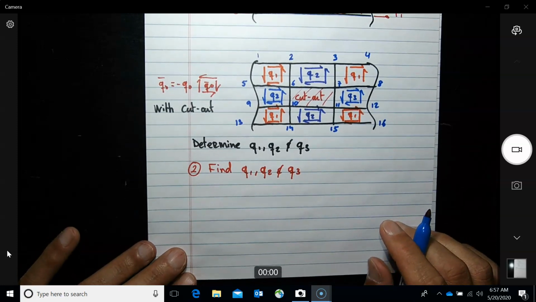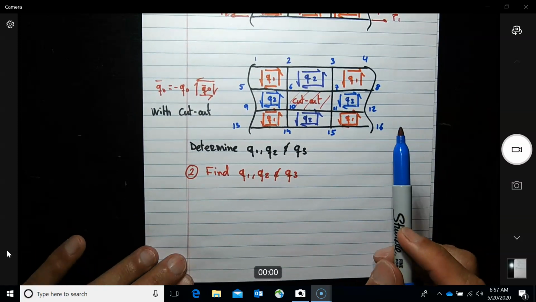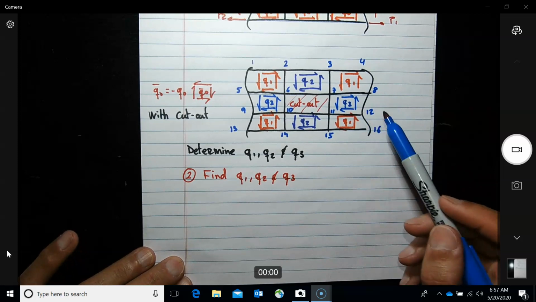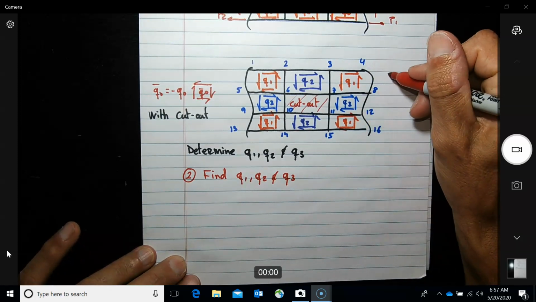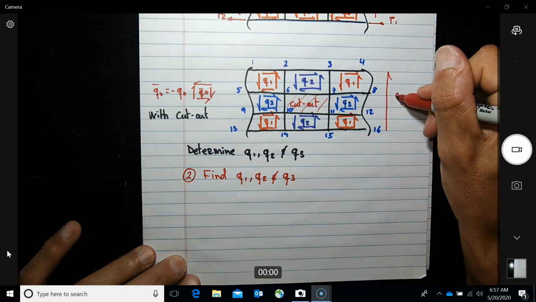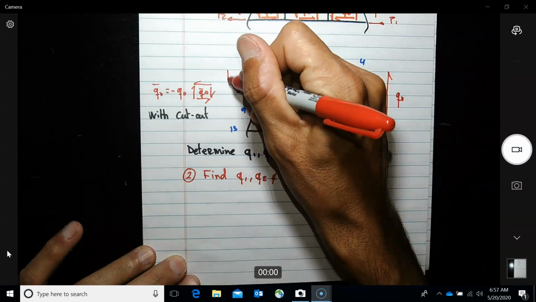Okay, so always like on the previous problem, we need to find, we know Q sub naught. That is all the one over here and all over here.